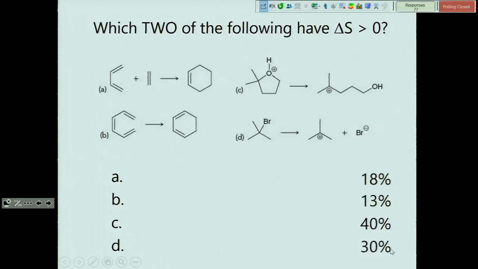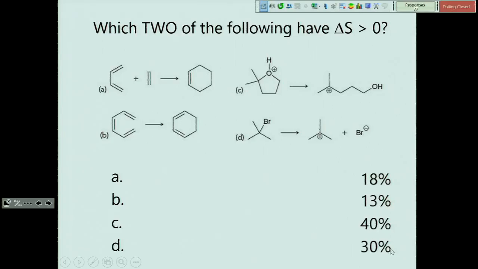So let's dissect it. If you look at A, what happens in A? So you're making less particles from more particles. There's two reactants.